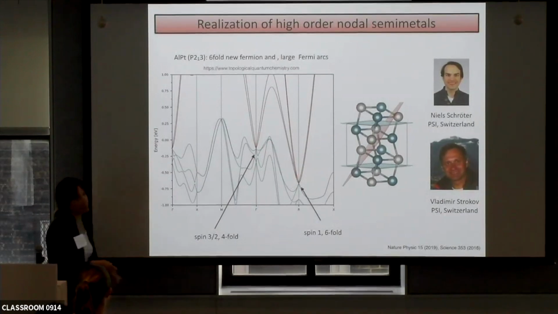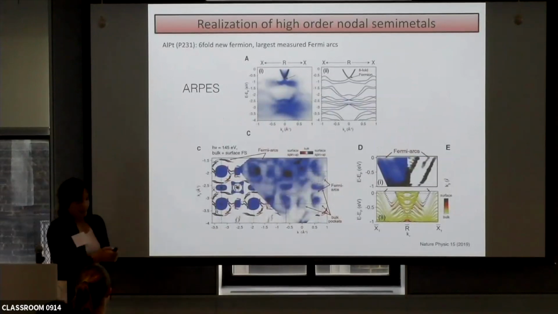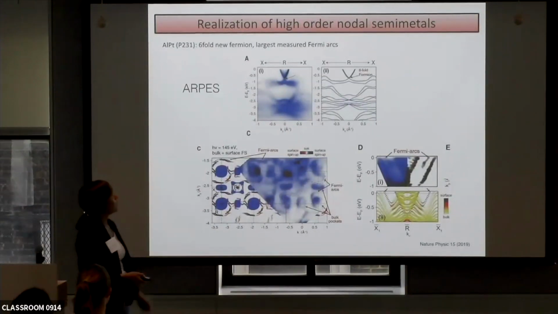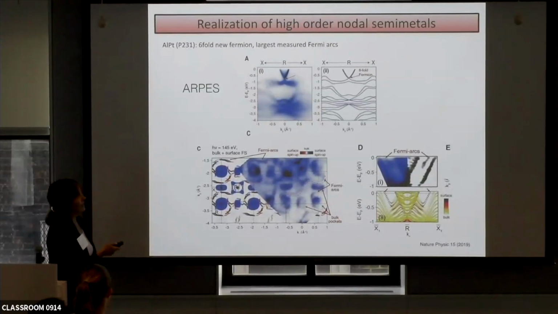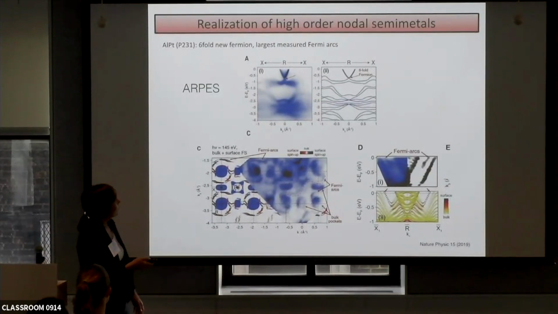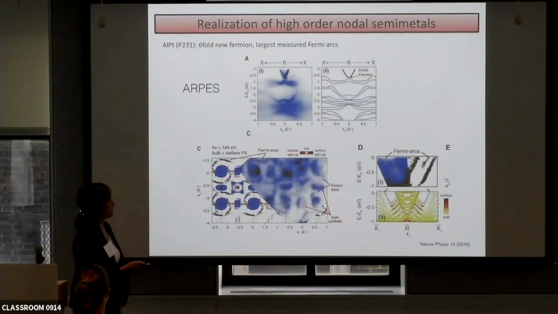So Niels got this material, and he did ARPES. He got very nice and clean ARPES data that actually proves that sixfold fermions exist there. And it was the first time a sixfold fermion was measured. It's in amazing agreement with the DFT calculation, even the energies.